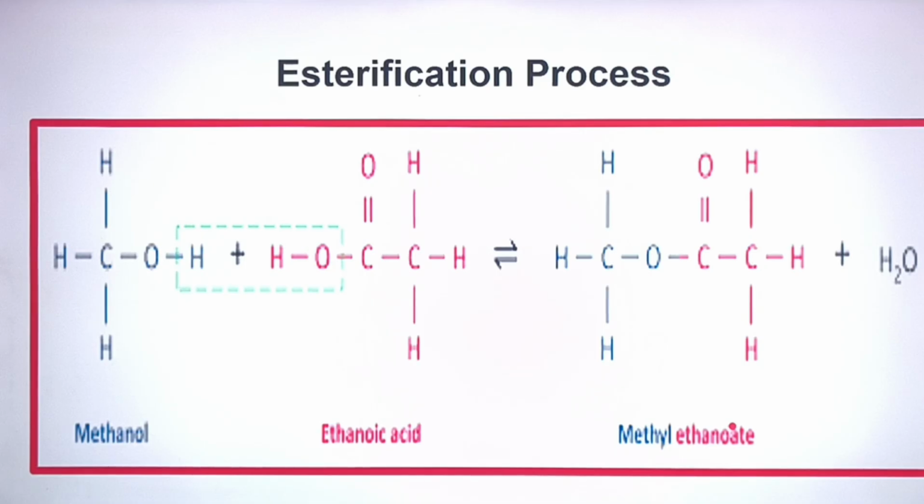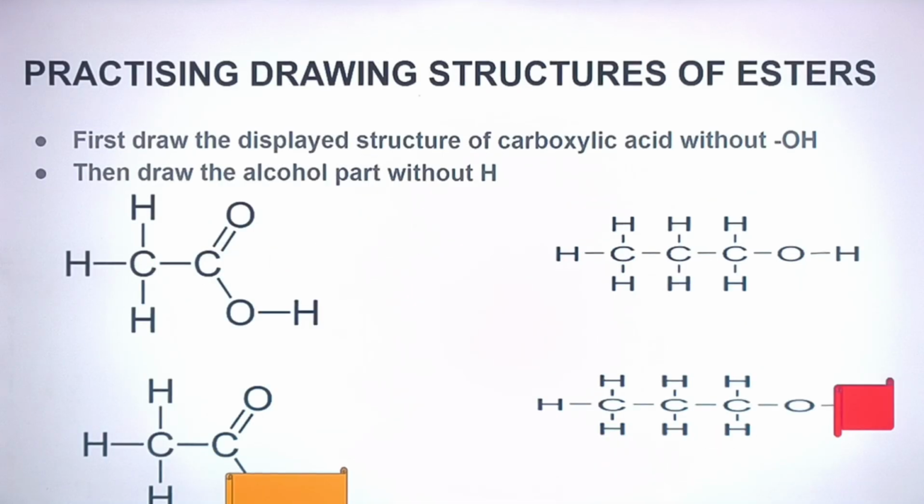Methyl ethanoate. To draw the structure, we first draw the displayed structure of carboxylic acid. But we do not draw the OH in it. So this ethanoic acid here is drawn without the OH. This carbon then starts bonding with the O of the alcohol.